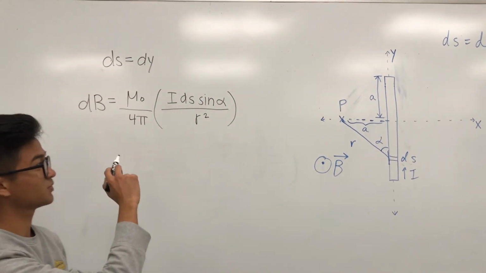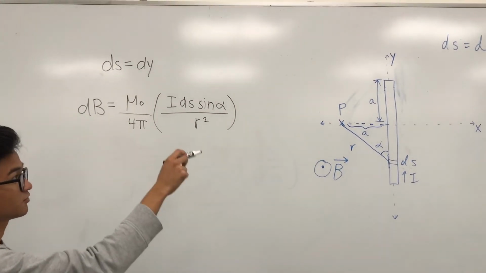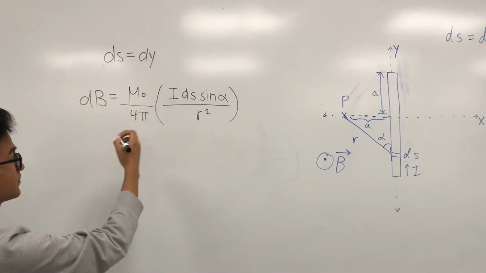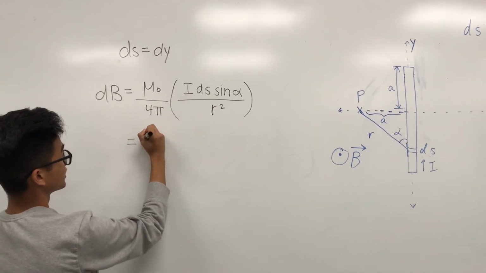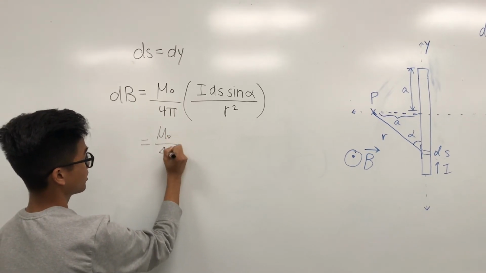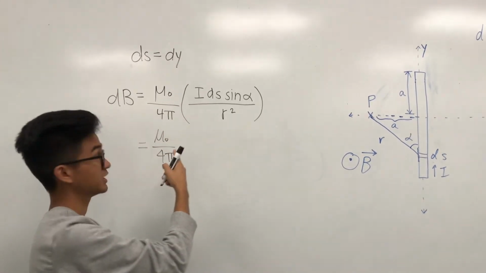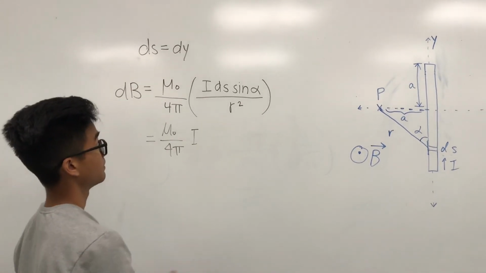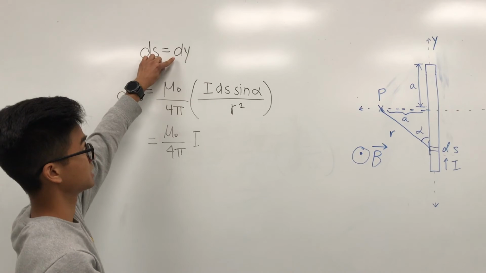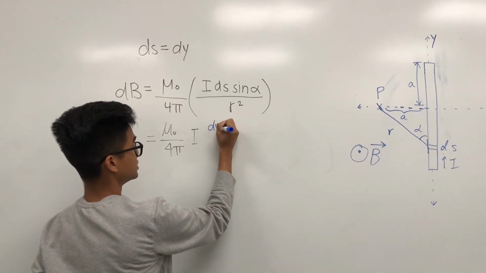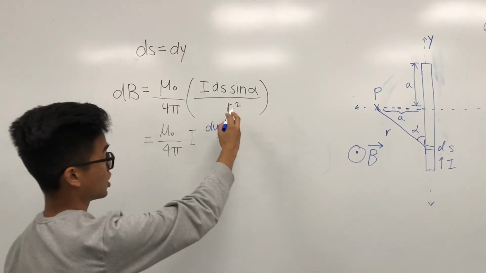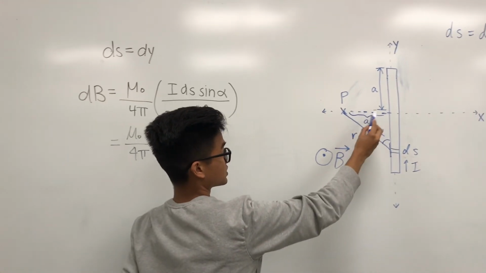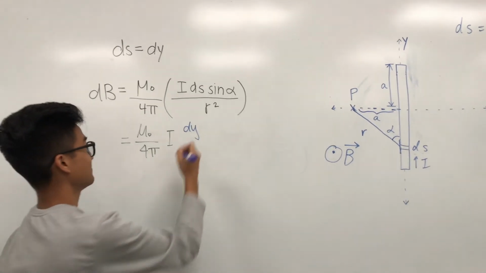Similarly to the horizontal axis, for this current we're going to use the Biot-Savart law, which is this right here. According to this law, mu naught and 4 pi are constants, so those remain the same, and I also remains the same. But ds becomes our integration variable dy, over r squared, which we determined to be a squared plus y squared according to the Pythagorean theorem.